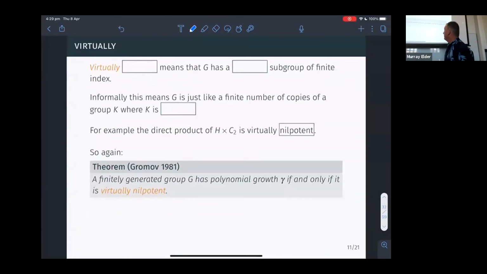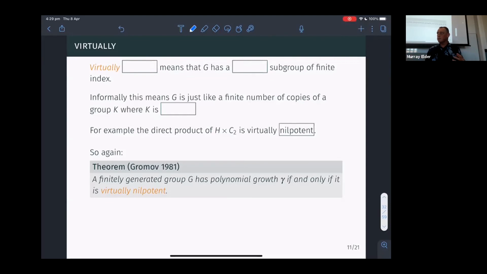So here's the theorem again of Gromov. A finitely generated group has polynomial growth, the usual growth, if and only if it's virtually nilpotent. So we're thinking of finitely many copies of the Heisenberg group glued together.